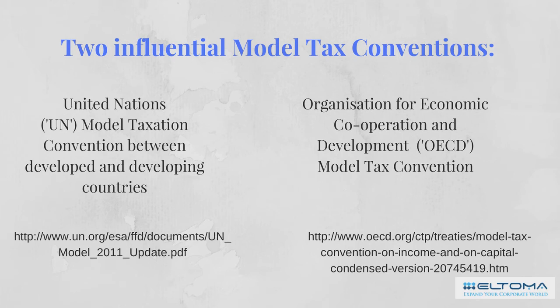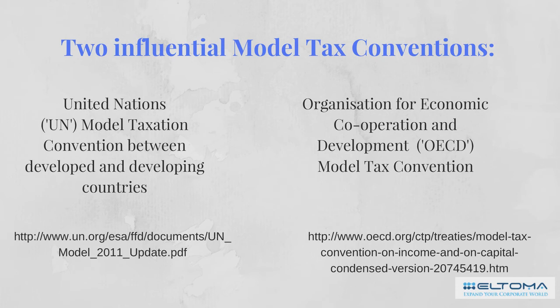So, the overwhelming majority of double tax treaties as of today are based in large part on either the United Nations Model Taxation Convention between developed and developing countries, also referred to as the UN Model Tax Convention, or the Organization for Economic Cooperation and Development Model Tax Convention, commonly referred to as the OECD Model Tax Convention.